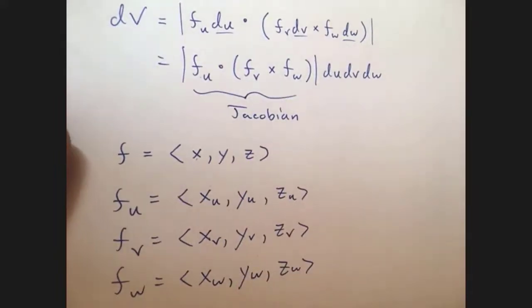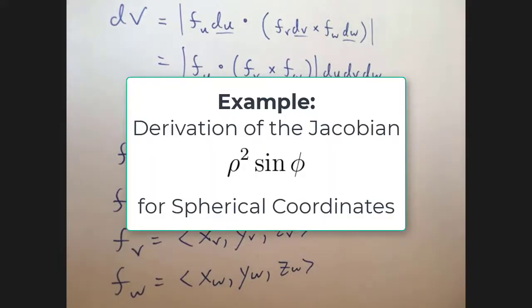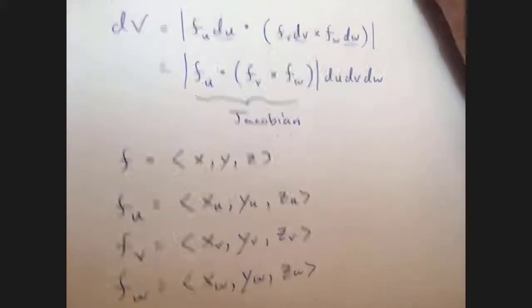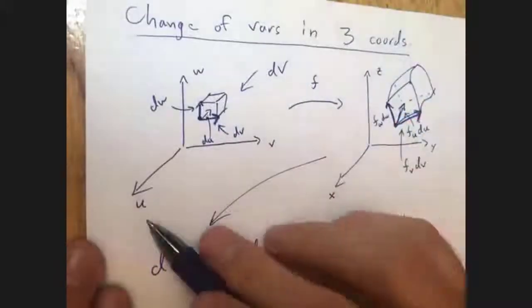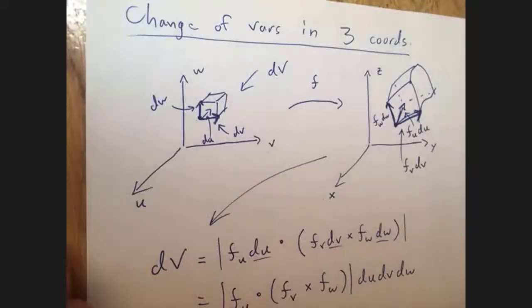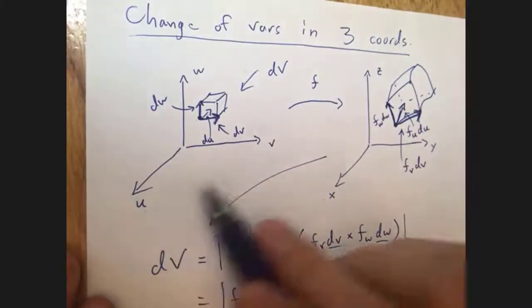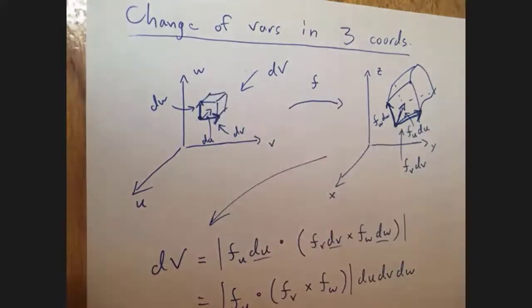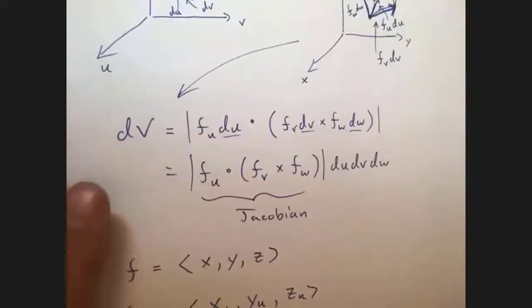So it's a little bit more complex, but it's the same idea. I want to do an example in spherical coordinates. What if the u, v, w that we were going to were the spherical coordinates rho, theta, and phi? What happens? I set this up in Maple.